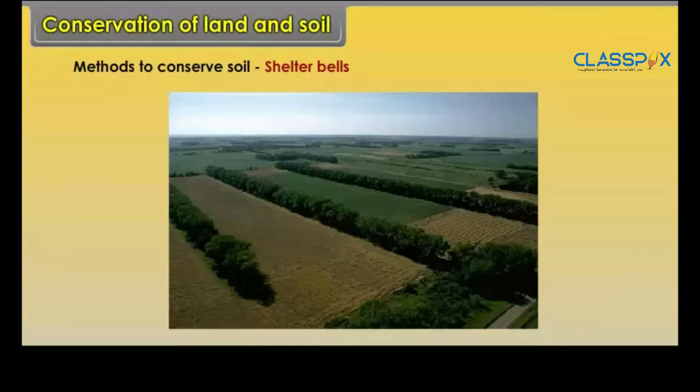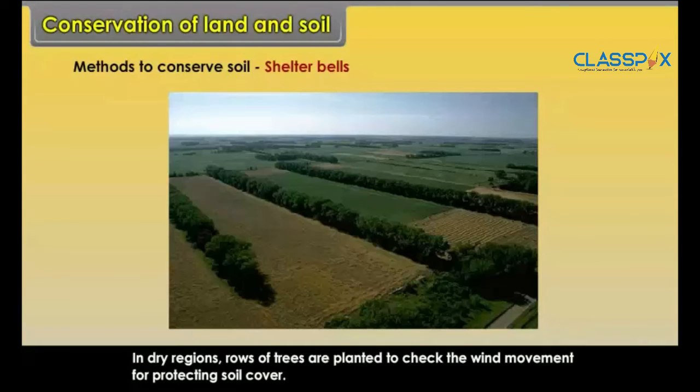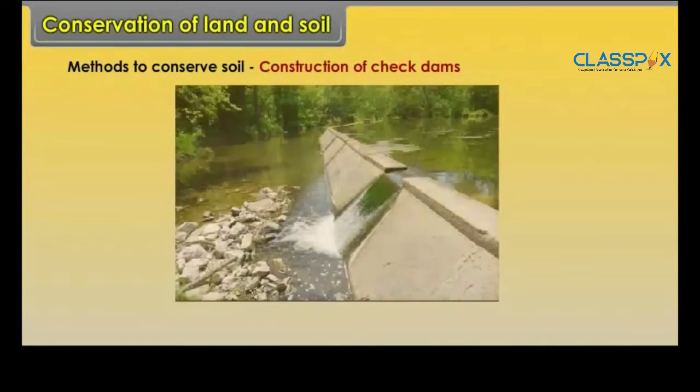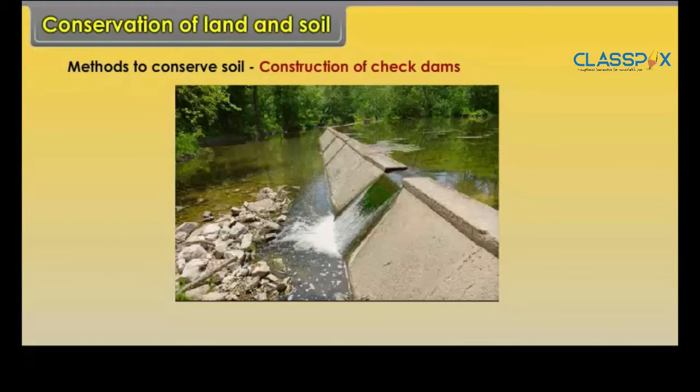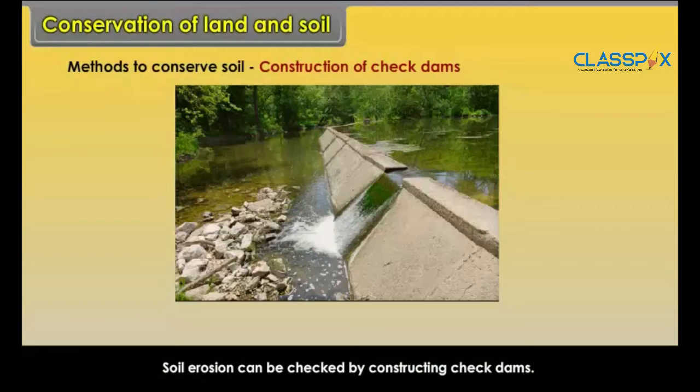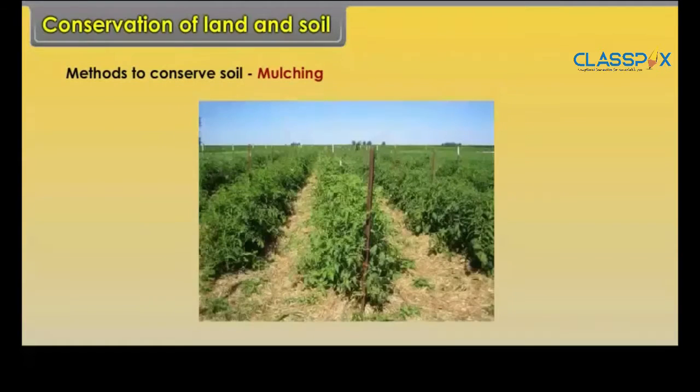Shelter belts. In dry regions, rows of trees are planted to check the wind movement for protecting soil cover. Construction of check dams. Soil erosion can be checked by constructing check dams. It helps to prevent the spread of gullies. Mulching.